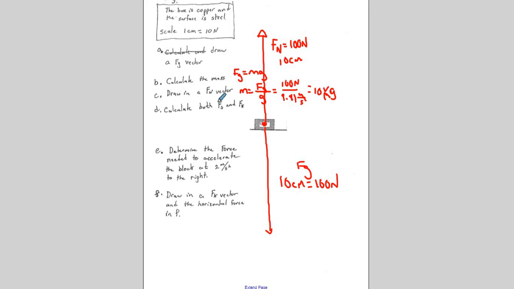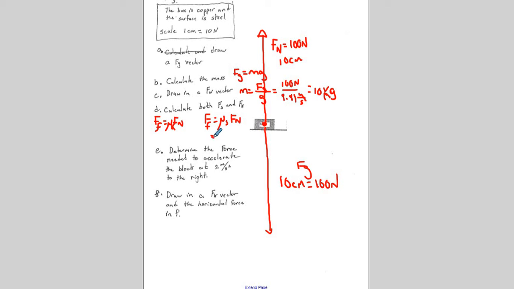It says calculate both the static force of friction and the kinetic force of friction. So what we need to use there is the friction equation. In order to get the kinetic frictional force, we need the kinetic coefficient, and for the static frictional force, we need the static coefficient.